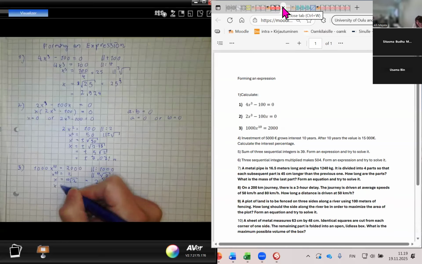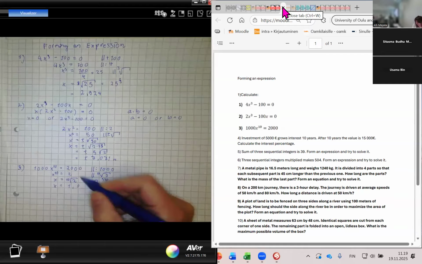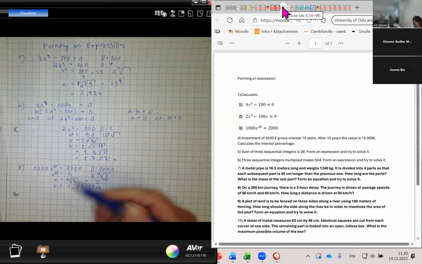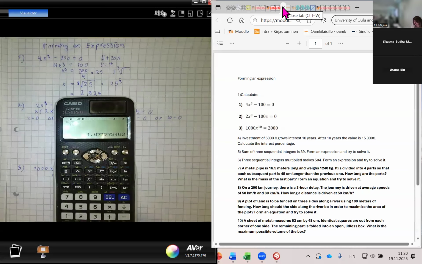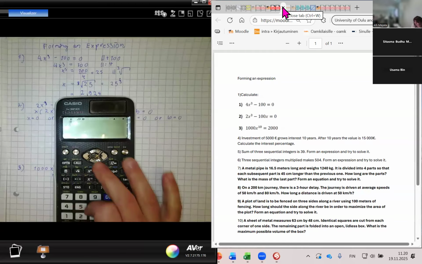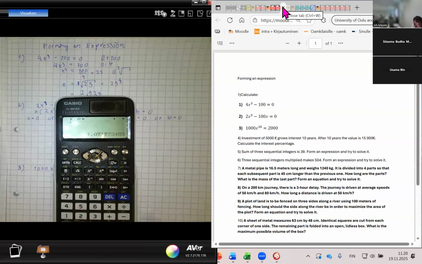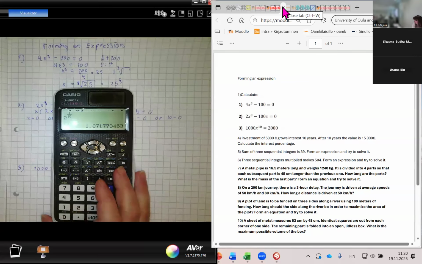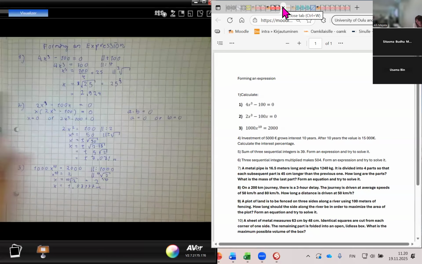Okay, so then it's something like that. And then I could have also done this with my calculator if this was something that I needed to do. Then I could have put it in this kind of a power, if my calculator didn't want to perform this kind of operation that I did the last time.